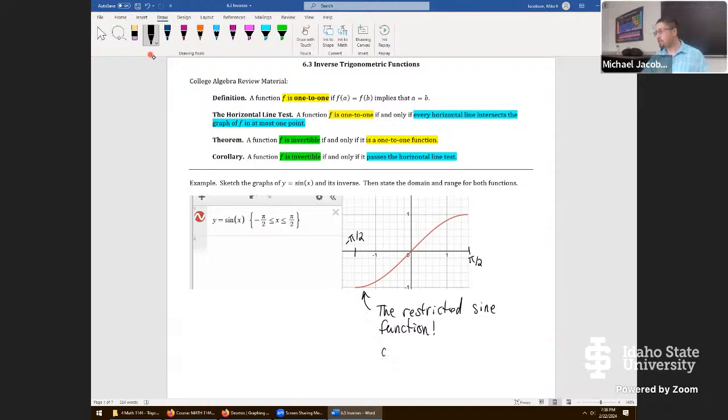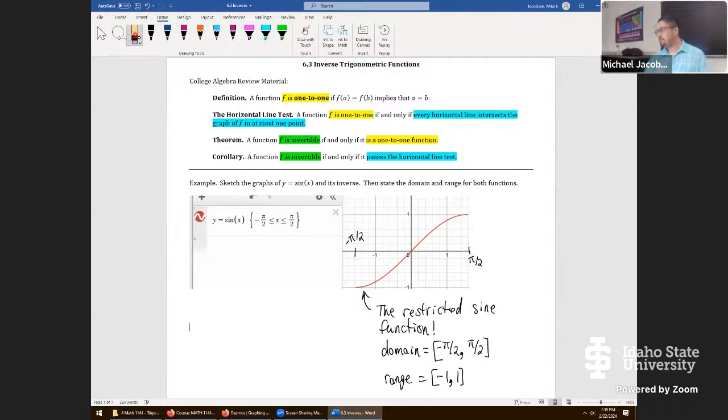So this restricted function has domain with a bracket to include -π/2 up to +π/2. And we chose that specifically because it contained the whole range of sine itself from -1 to +1. So the range of the restricted sine function did not change. The only thing that did change is the domain.